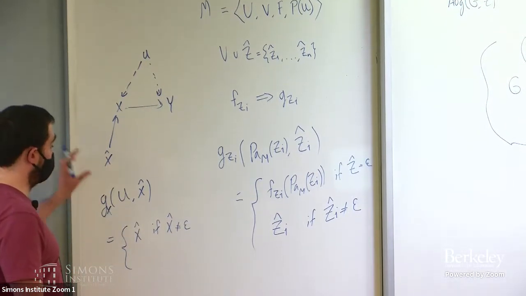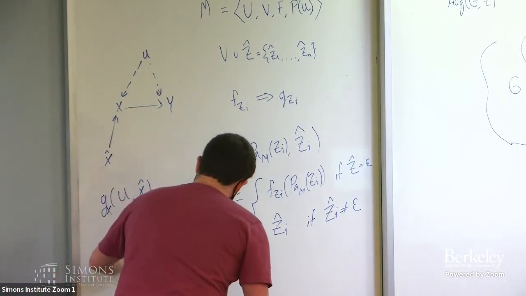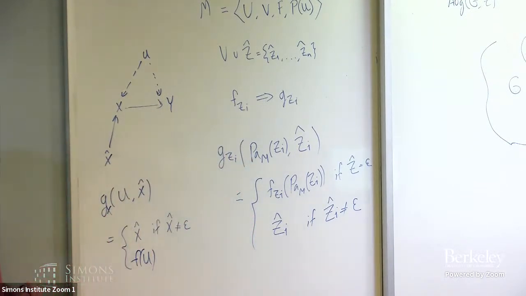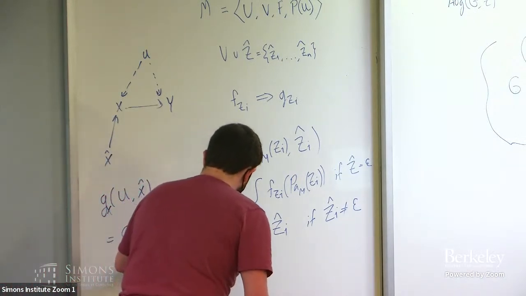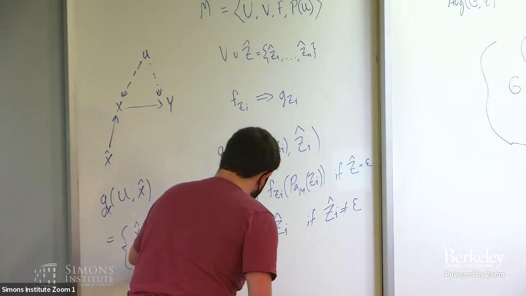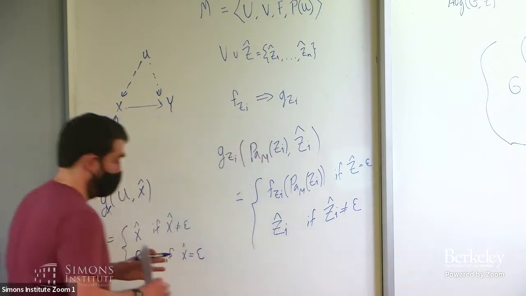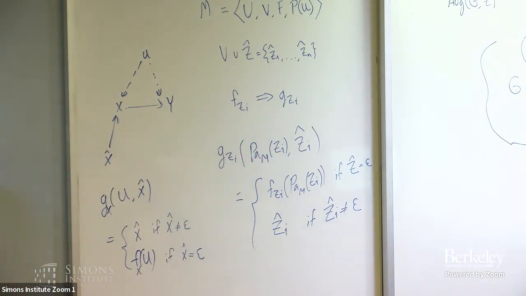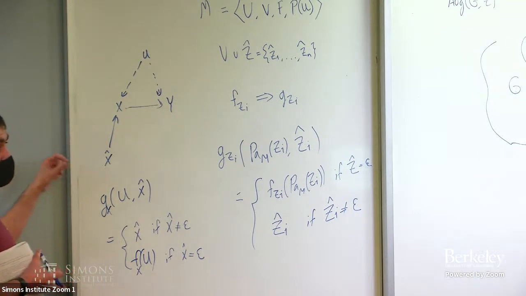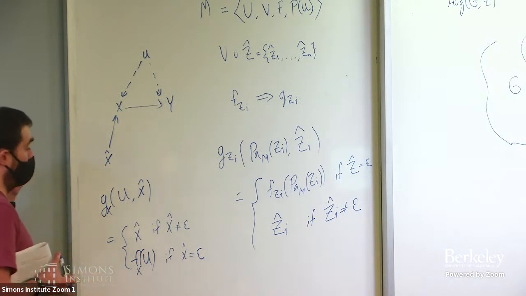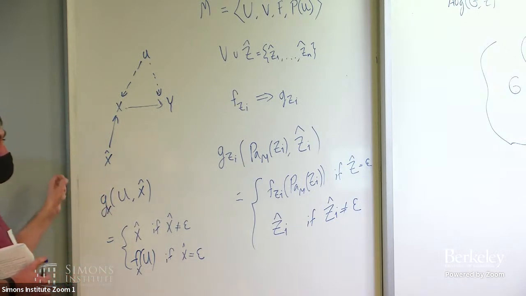So if our original function was f of u, it will just do what f did. So X hat equals x. Okay, got it. So observing the event X hat equals x is equivalent to intervening and setting X to x.